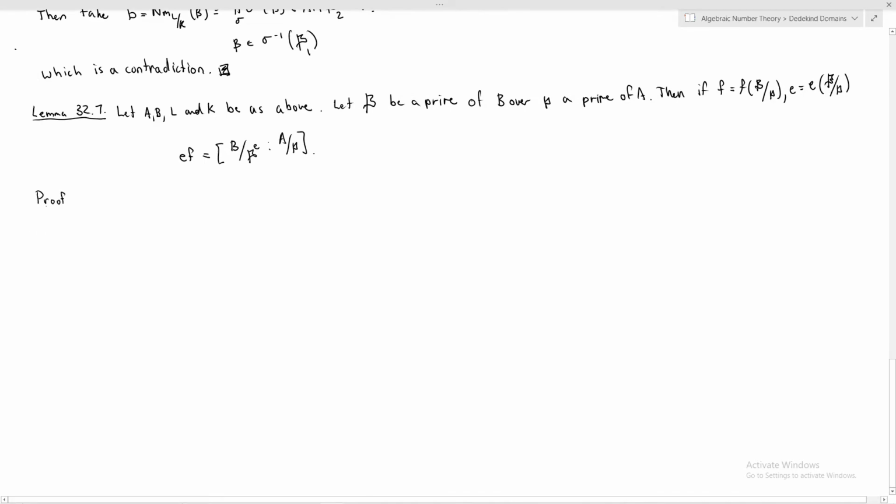Proof. Basically, you look at the following chain.